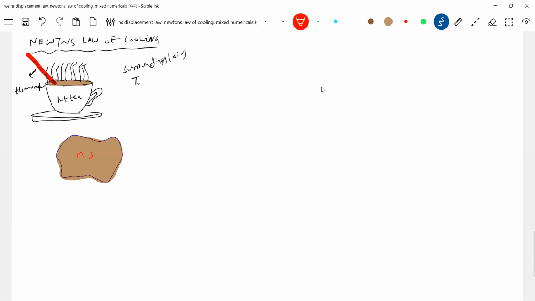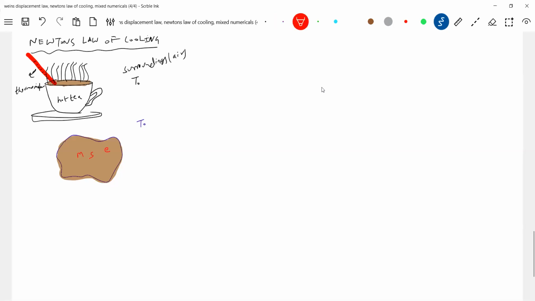This is a mass M, specific heat, emissivity E. Let me give a lamp black coating also. Ordinary bodies, even this is not needed because I'll be writing E. Okay, I'll remove it. This is having emissivity E. Surrounding temperature is T naught.